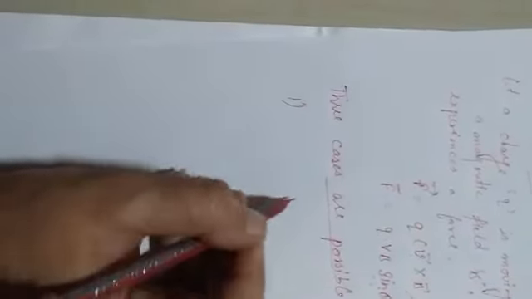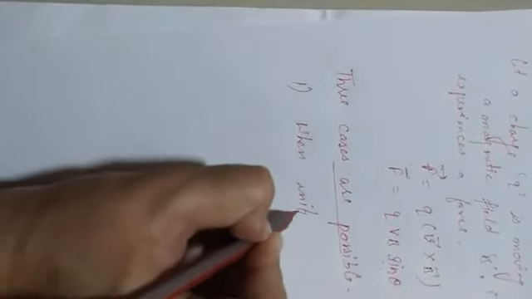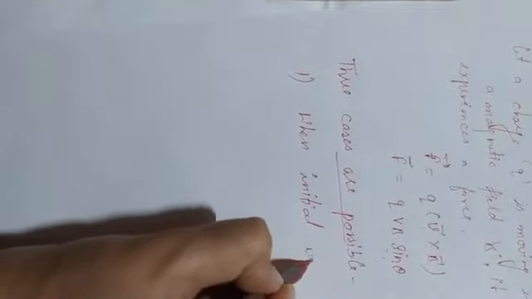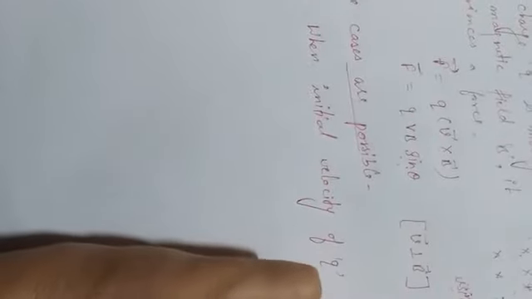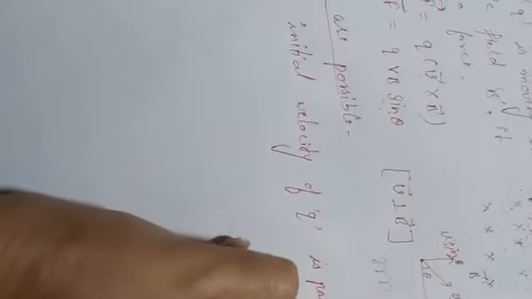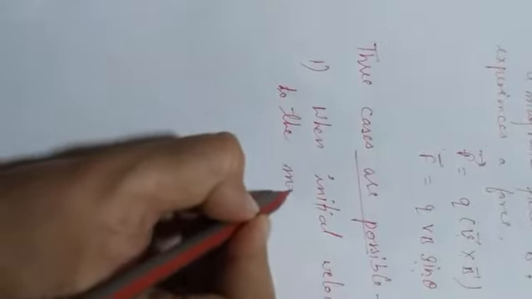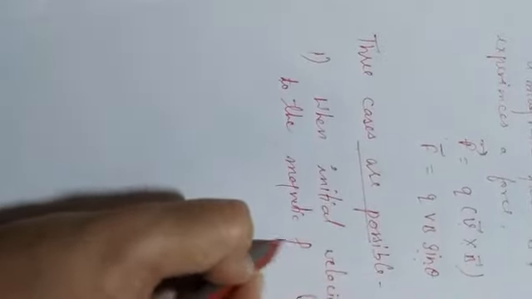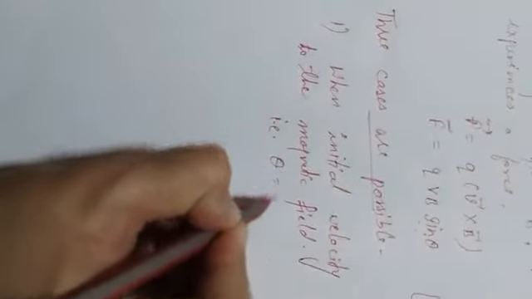First is when the initial velocity of the charge Q is parallel to the magnetic field. That means theta equal to 0.